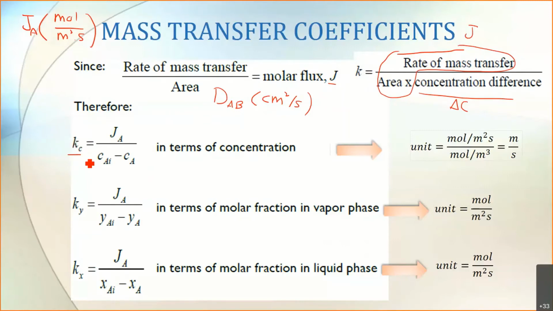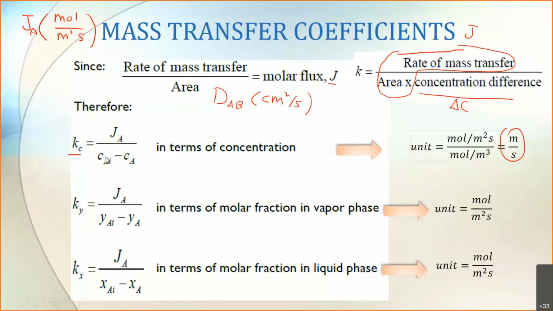So when you have mass transfer in terms of concentration, this is the formula, Ja divided by Cai minus Ca. So this is basically your delta C. But since this is in terms of concentration, the unit will be the same as the unit of velocity, which is meter per second.